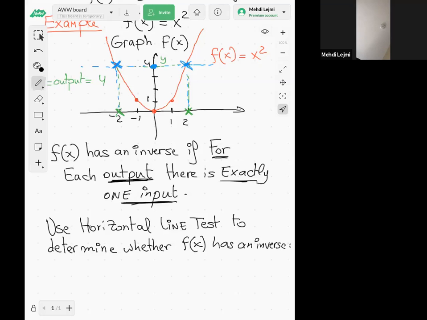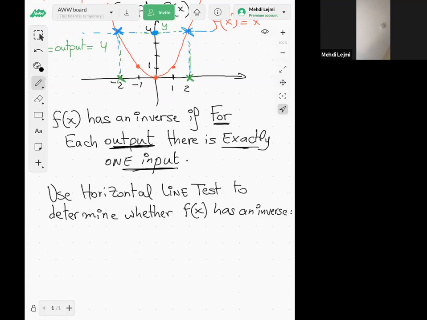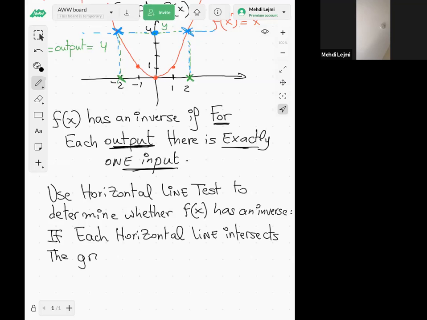If each horizontal line intersects the graph at no more than 1 point, then the function f has an inverse.